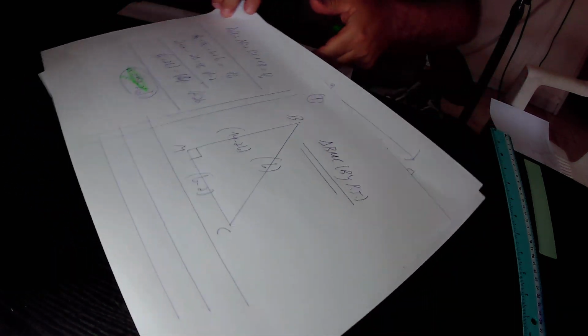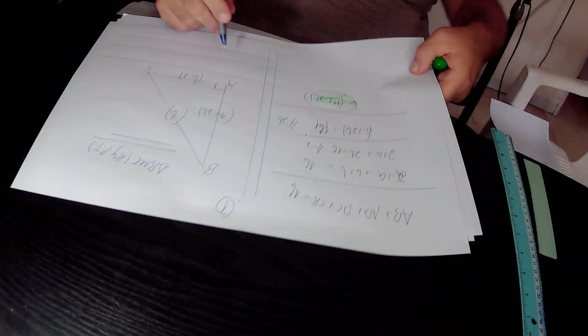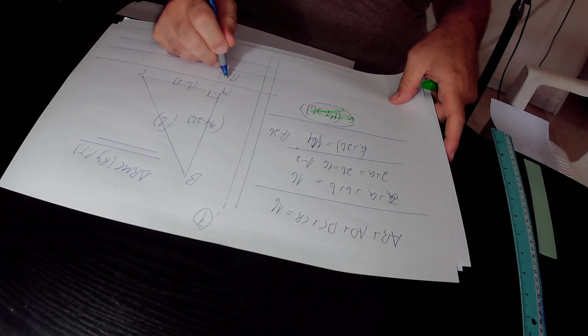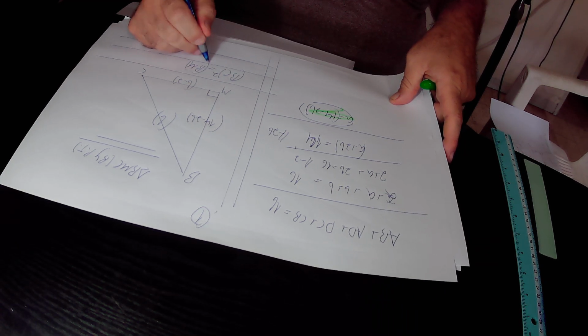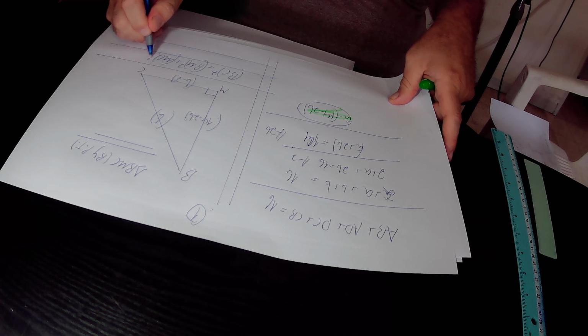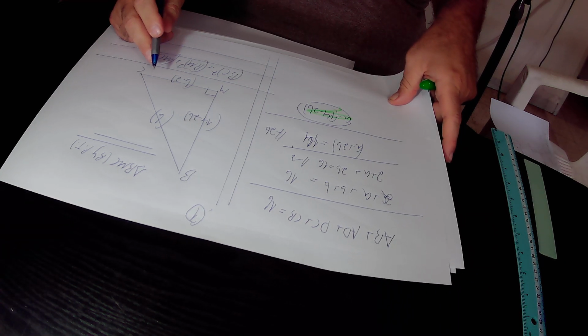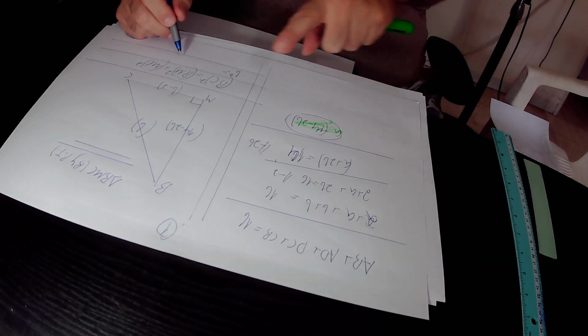BC squared is equal to BM squared plus MC squared. BC is B, therefore BC squared is B squared, and it is equal to BM squared.